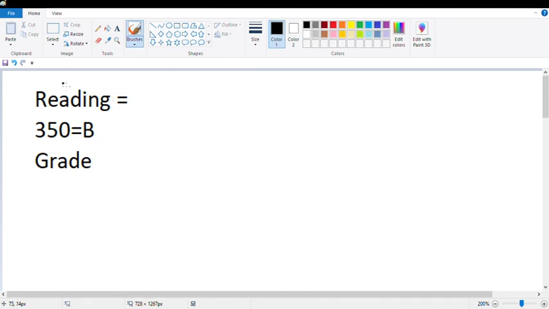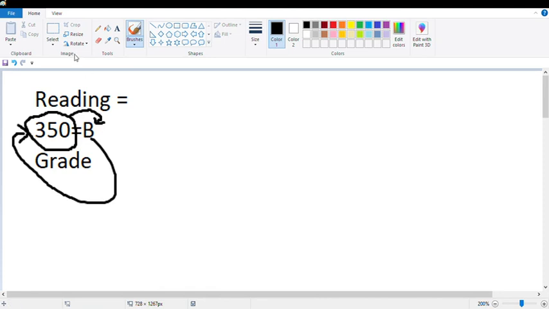If you are a medical professional and want to work abroad, to pass your reading module you have to get 350 scores. That means 350 score is equal to B grade, and B grade is equal to 350 scores. So if you want to pass your reading, you need to get B grade or 350 scores.